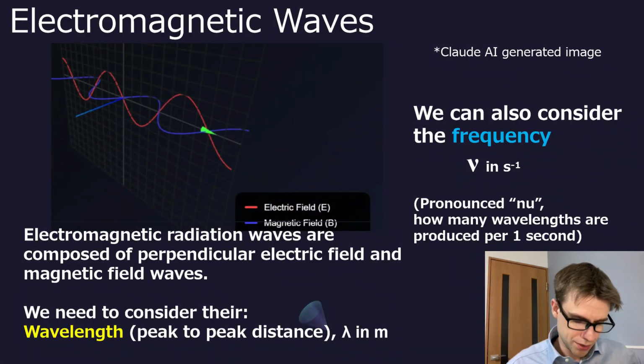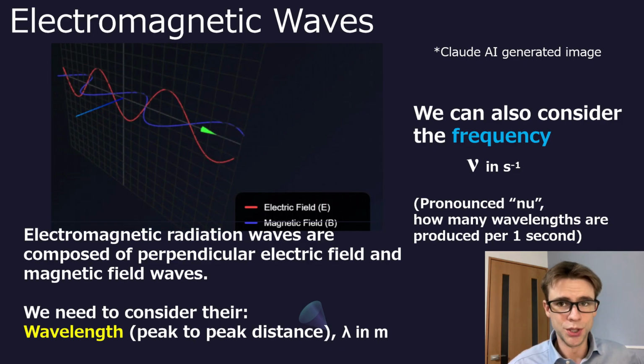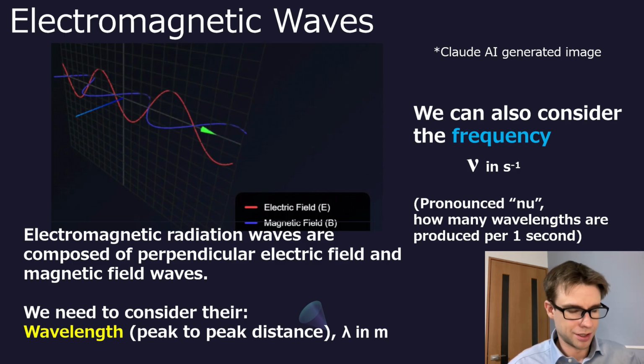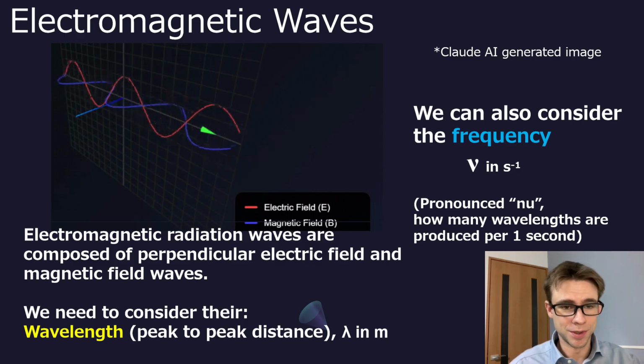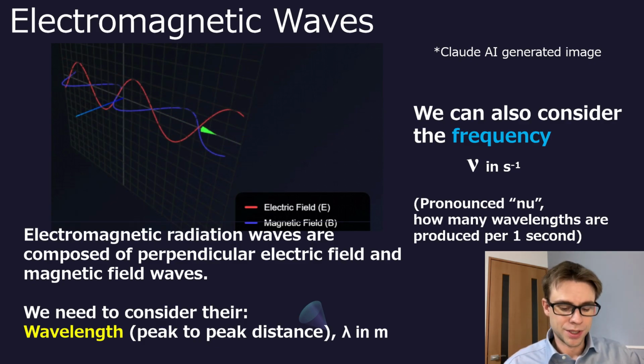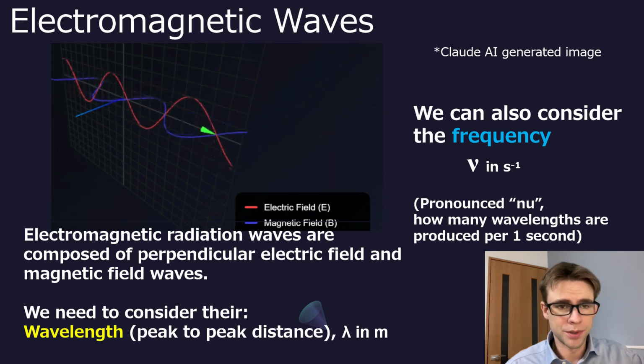We can also consider the frequency. This will be labeled with Greek letter nu. It looks like a V, but it's not a V. Luckily on an exam you don't really have to say how it's supposed to be said, you just have to write it, but you should know. This Greek letter on the right is nu, it's a frequency, and we measure it in how many times something happens per second.